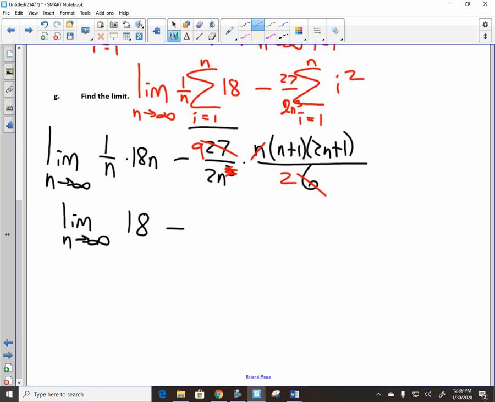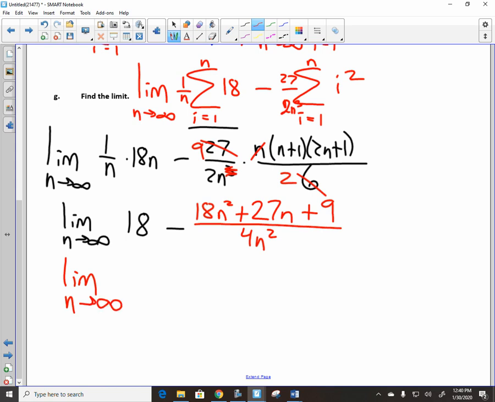We're witnesses. All right. What do you get on top here? Yeah, 2n squared, I'm going to have 18n squared plus, oh wow, because you got the 3n in the middle times a 9 is a 27n. 9 over what? 4n squared. Oh, this is where it gets exciting. We get to cancel stuff off. It's Christmas.